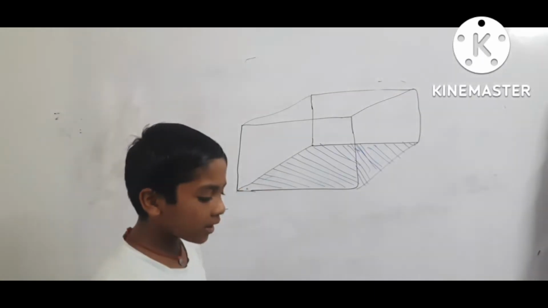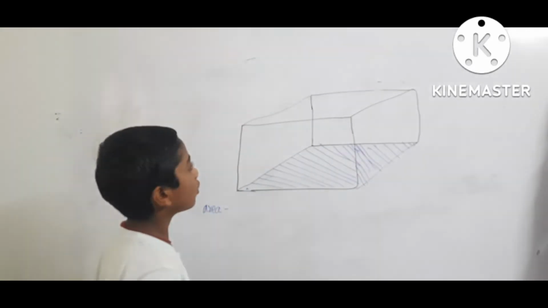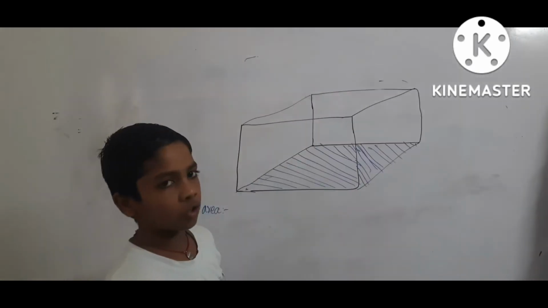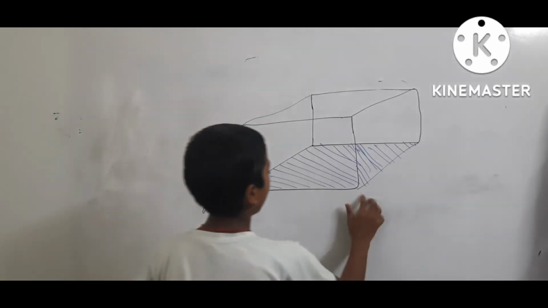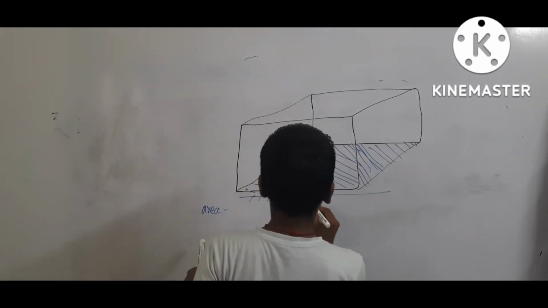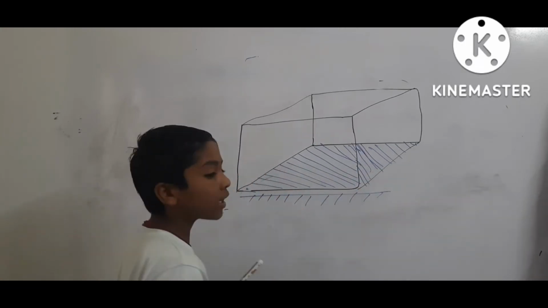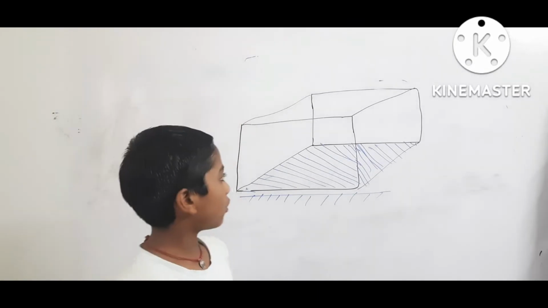We don't take the total area of this cuboid; we take only the down part that is in contact with the surface. Okay friends.